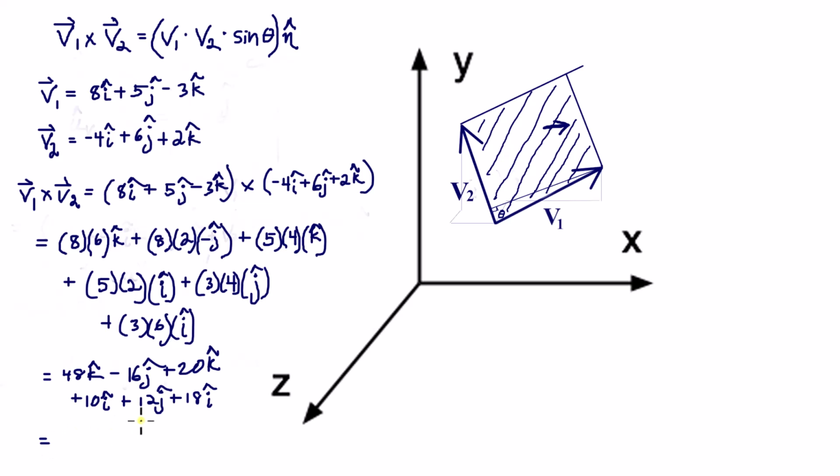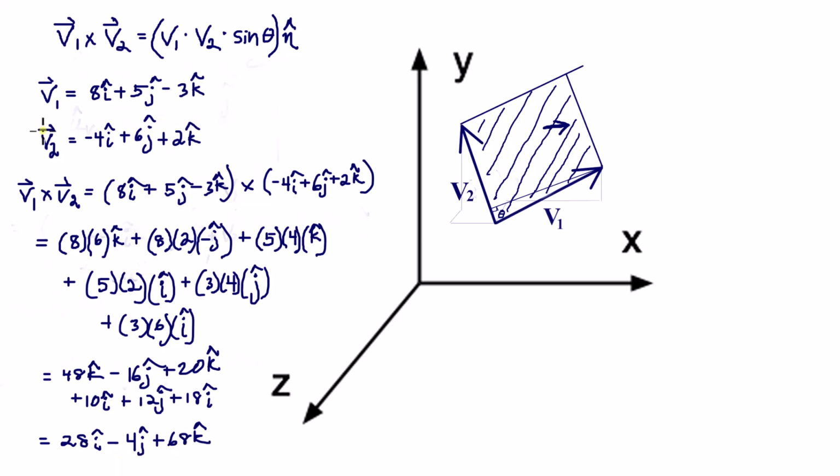All right, so let's put the i hats first. We've got 10 plus 18, so 28 i hat. Okay, now the j hats, minus 16 plus 12, so minus 4 j hat. And then 48 plus 20 is 68 k hat. And there you go. That's V1 cross V2 for this case.